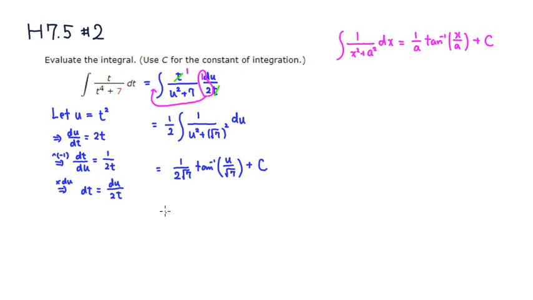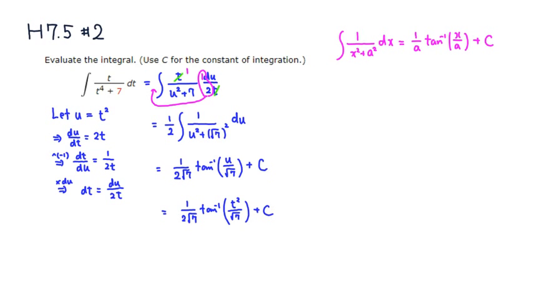Then we just have to put the original variable back in. So you have 1 over 2 square root of 7 arctangent of, u is originally t squared. So you have t squared over square root of 7 plus some constant c.